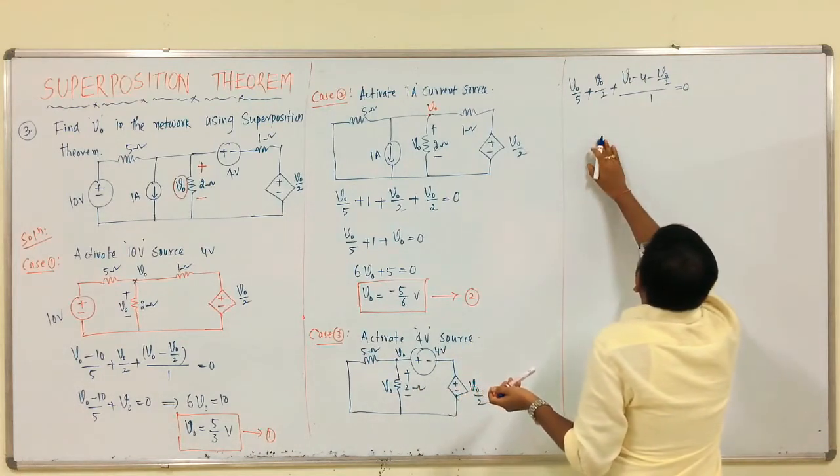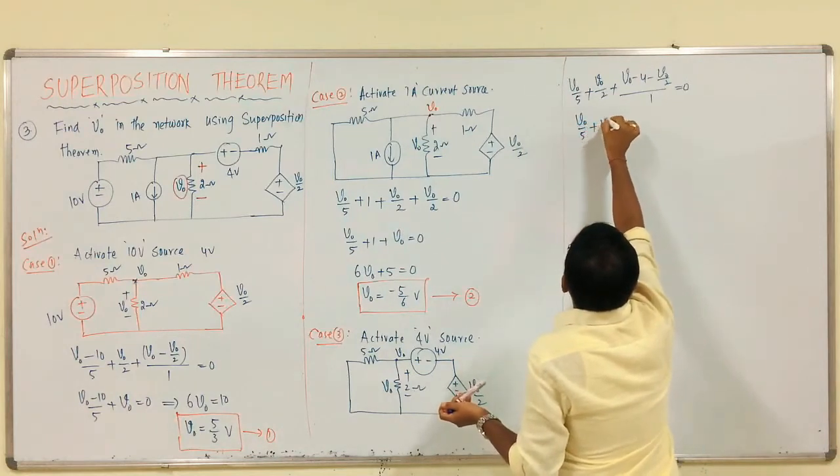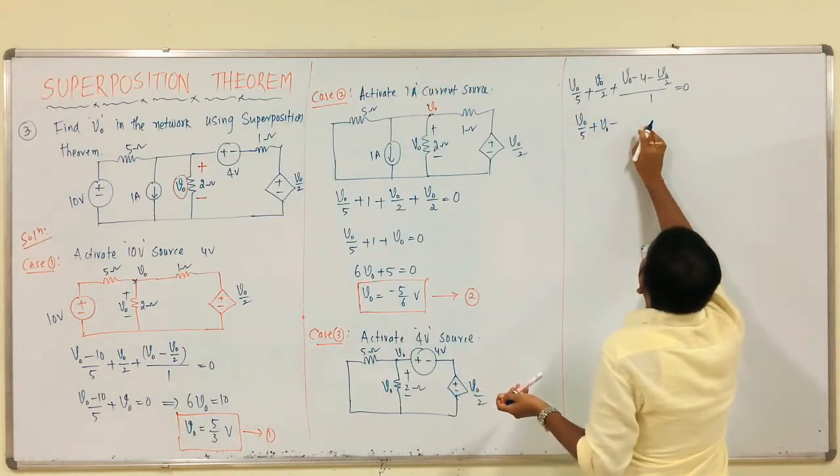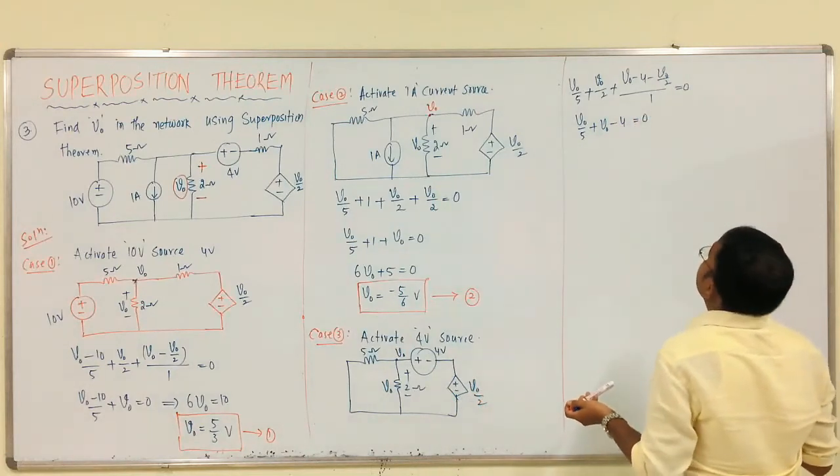From this, V naught by 2 minus 4, we got V naught by 5 plus V naught minus 4 is equal to 0. We got this. Okay.